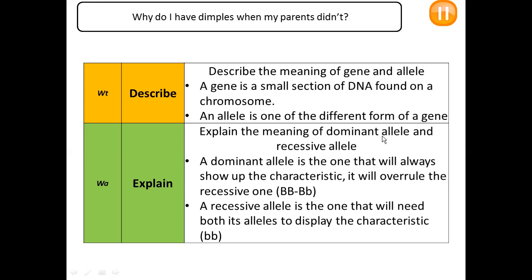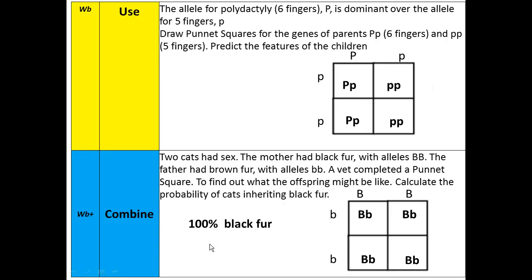And explain the meaning of dominant allele and recessive allele. A dominant allele is the one that will always show the characteristic. It will overrule the recessive one. This is the way that you can indicate it. A recessive allele is the one that needs both its alleles to display the characteristic, and you indicate it with both letters in lowercase.